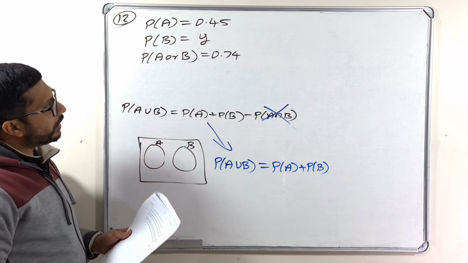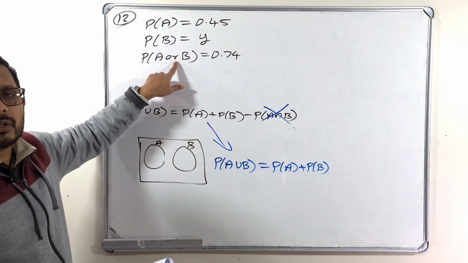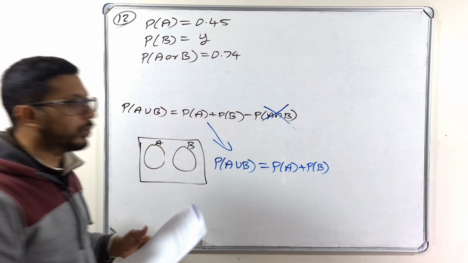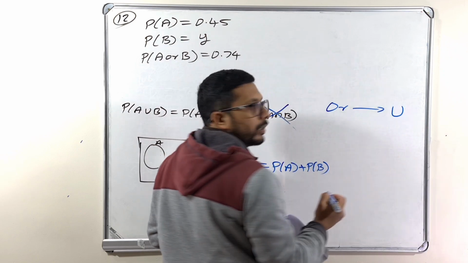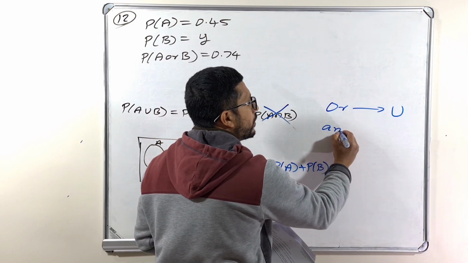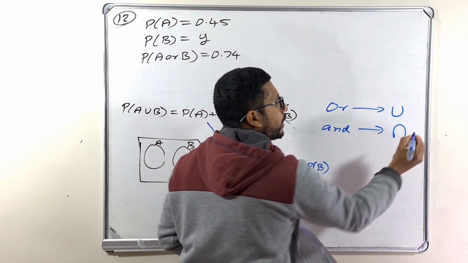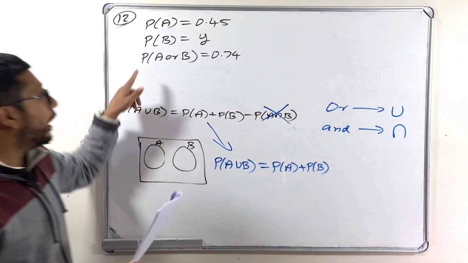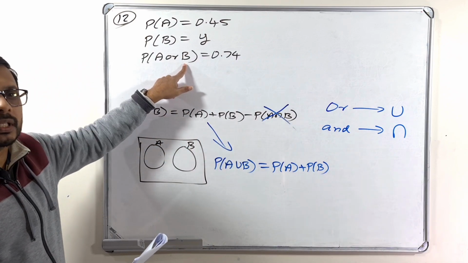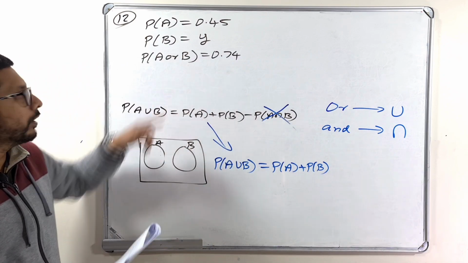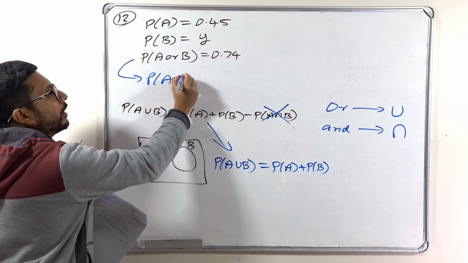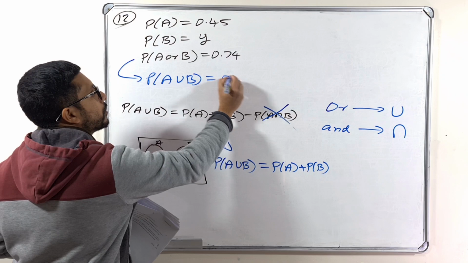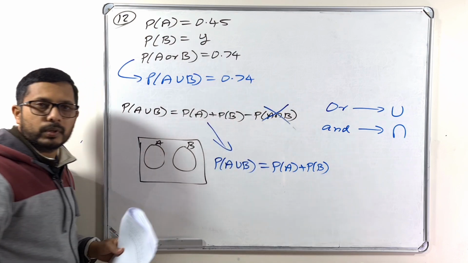Now what is the meaning of this OR? I told you in the last questions, OR stands for union, and AND stands for intersection. So A or B is the same as A union B. So this one is the same as probability of A union B is equal to 0.74.